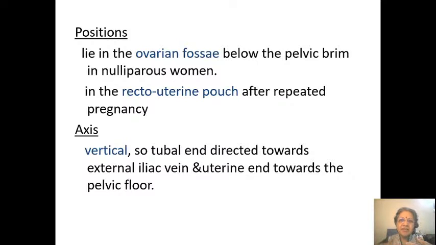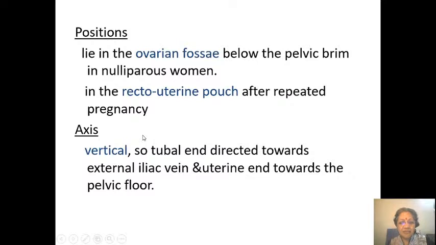Everything grows a little bit out, and then once the uterus involutes back after the pregnancy is over, the ovary position also shifts with it. So they tend to end up being in a lower position in the rectouterine pouch, especially after repeated pregnancies. So the position always is as if it is in a young adult female in the reproductive cycle who has not yet become pregnant. That's how we describe it.